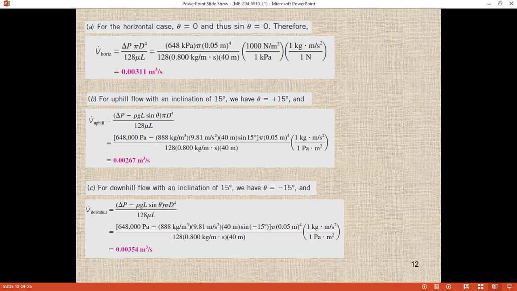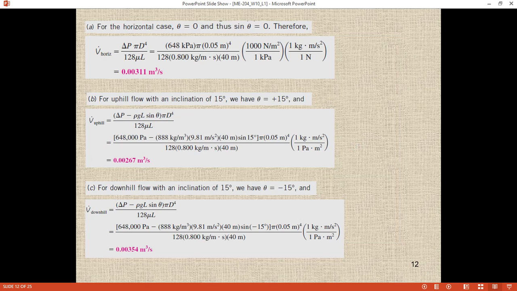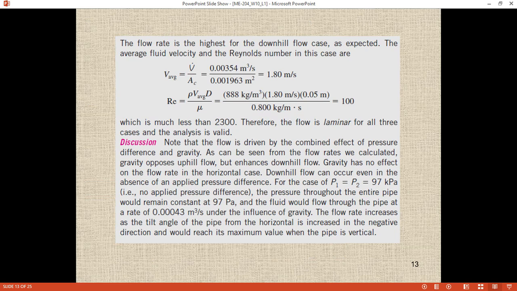Okay, so now we are going to verify whether the flow is laminar or not. To verify that, we have a parameter called the Reynolds number. Basically, the Reynolds number determines whether the flow in a pipe is turbulent or laminar. We are considering the case of maximum velocity, because the Reynolds number is directly proportional to the velocity.